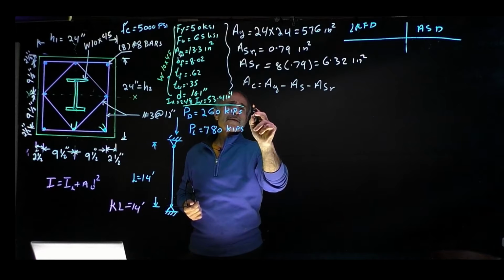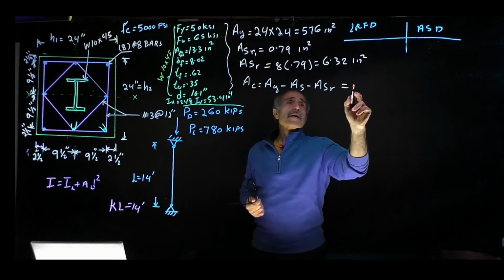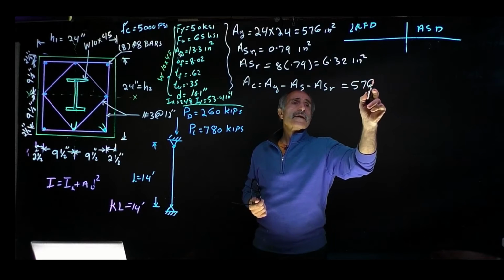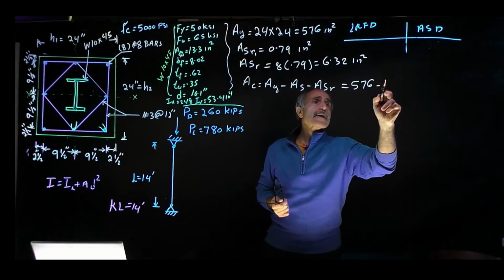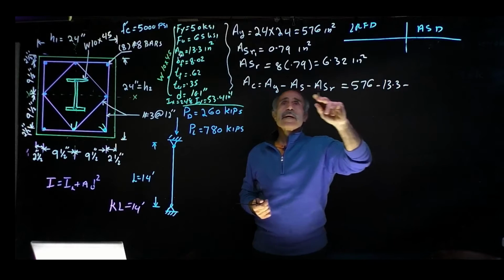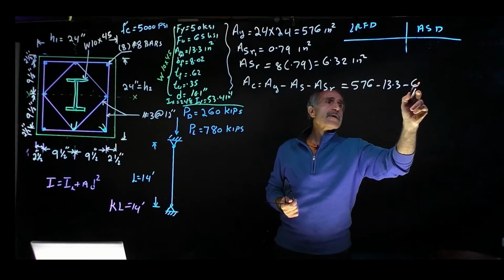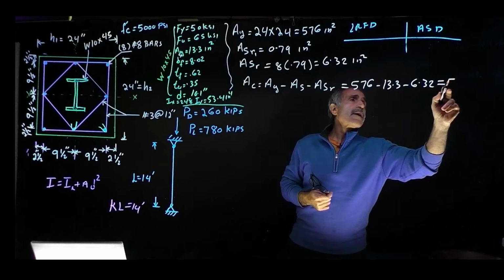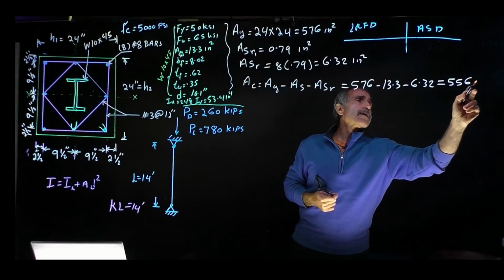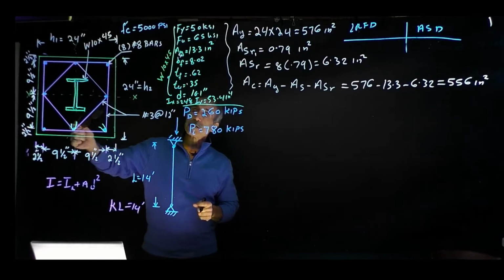So Ac comes out to 576, minus As, which came out to 13.3, and minus the rebar, which came out to 6.32, and that is equal to 556 square inches.